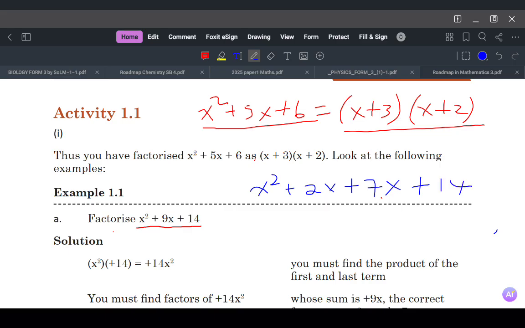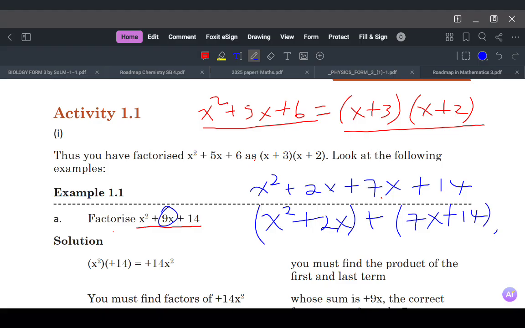Remember that the middle terms, when you add them up, give you 9x, but when you multiply them out, they give you the product of the first and the last terms. All right, so then you group them in two pairs: x squared plus 2x, close brackets, add 7x plus 14.